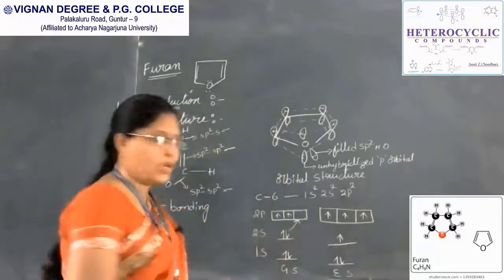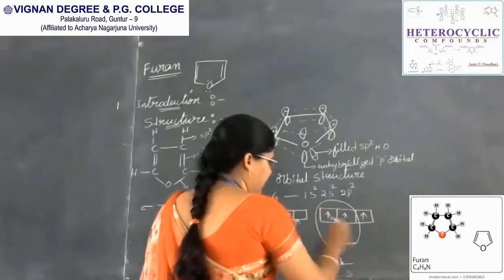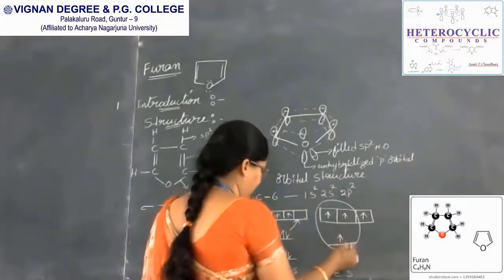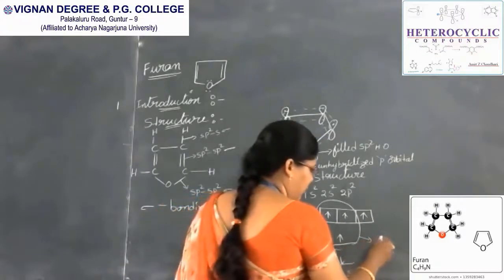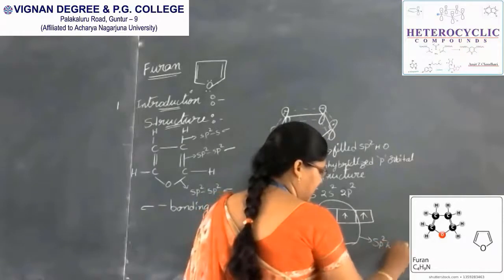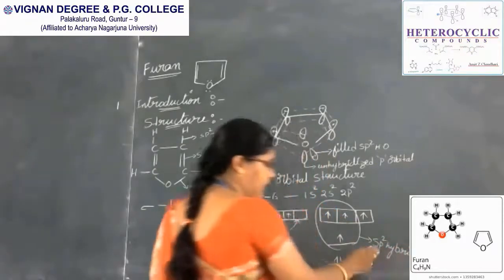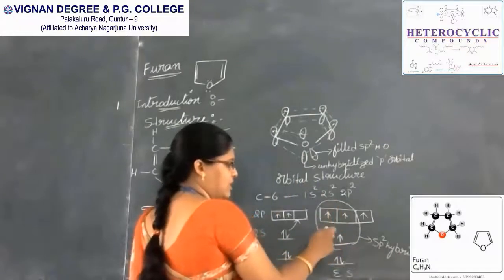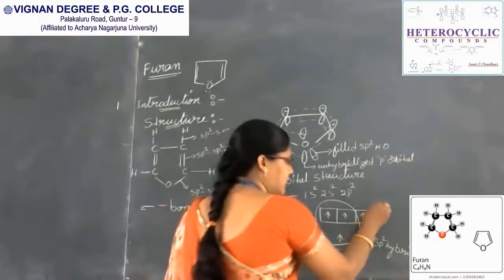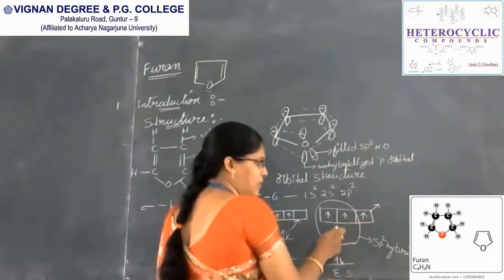Out of these 3, the 2px, 2py, and 2s undergo hybridization, that is sp2 hybridization, and these orbitals are called hybrid orbitals. And this is the p orbital which is not involved in hybridization.